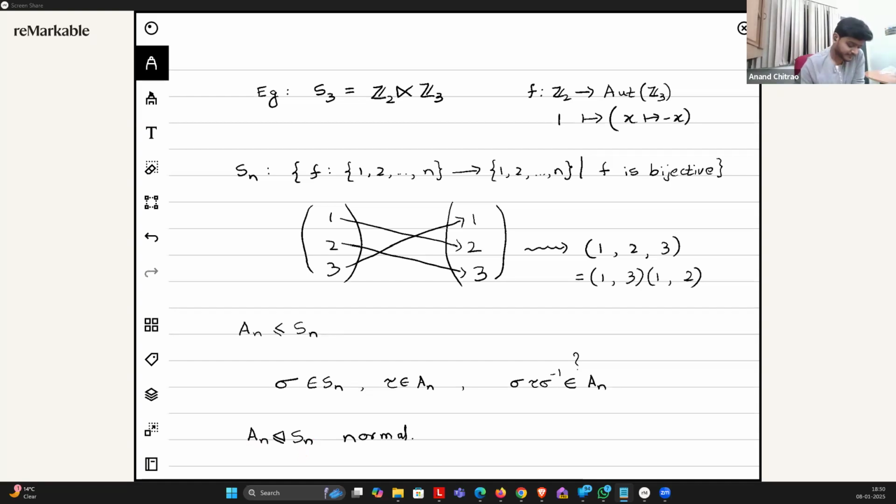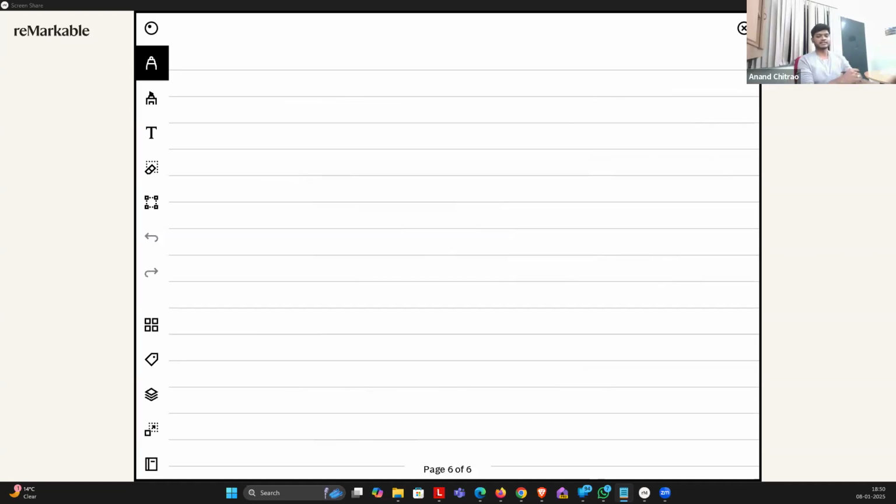And An doesn't have any proper non-trivial normal subgroup. That property of not having proper non-trivial normal subgroups is called simple.